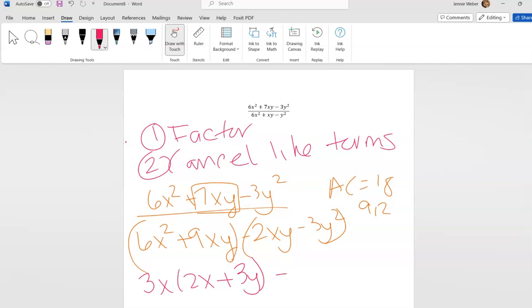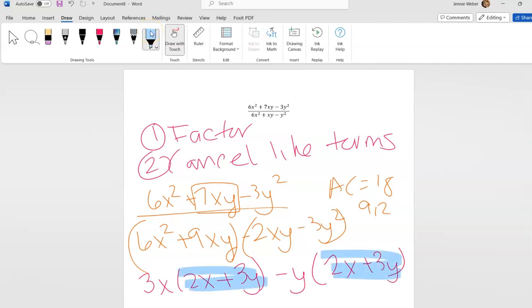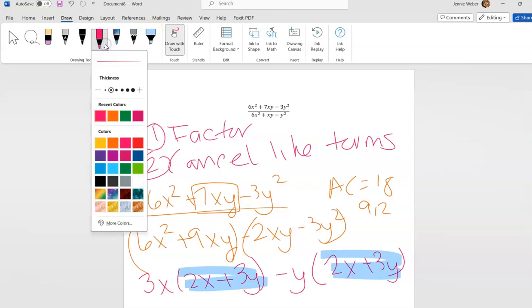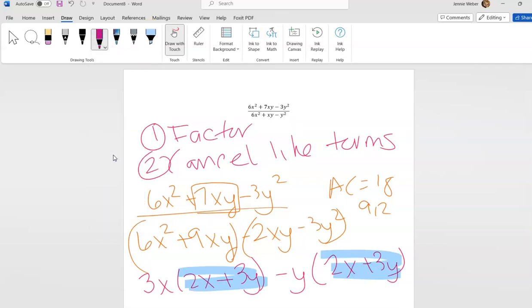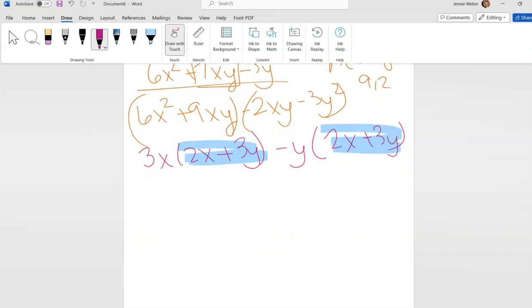Here I'm going to take out a negative y, leaving me 2x plus 3y. And these match. Remember, these have to match. That's what alerted me that I had something screwy. So then I have 3x minus y, 2x plus 3y. Okay, so this is my top.